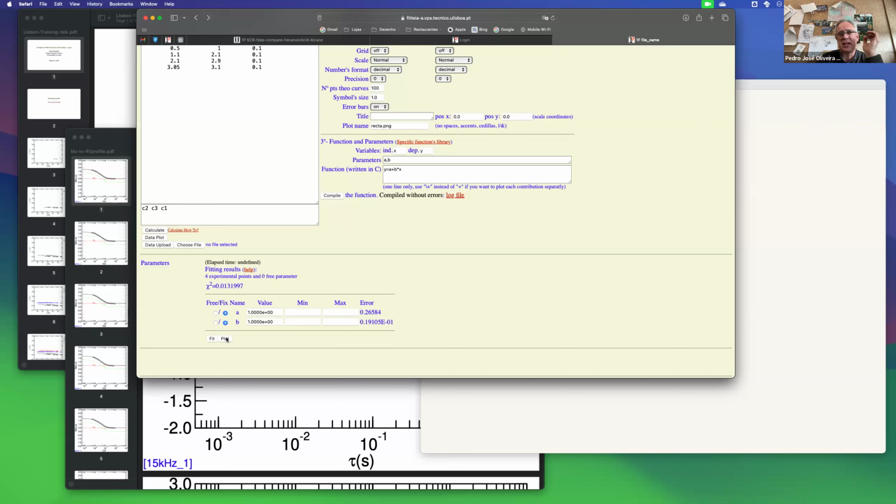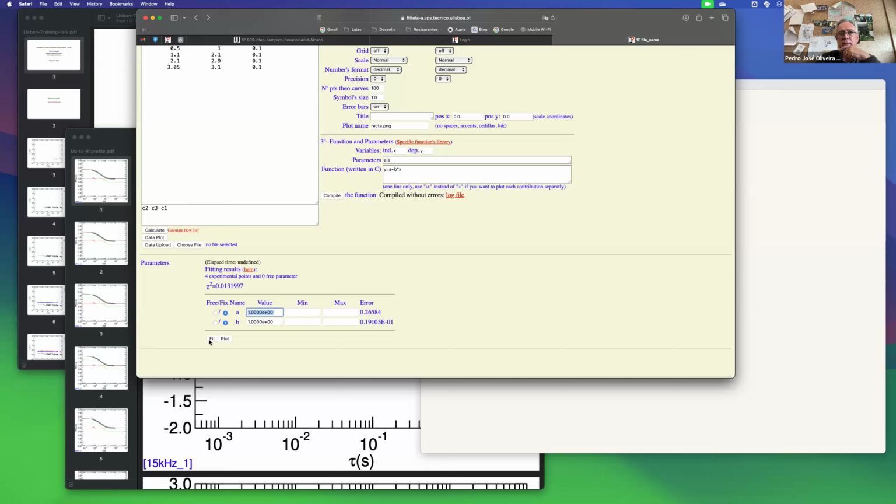But the two things are slightly different, because if you plot, it will just draw your curve, your function, using these values for the parameters, and it will just plot your data and plot your curve with these parameters.